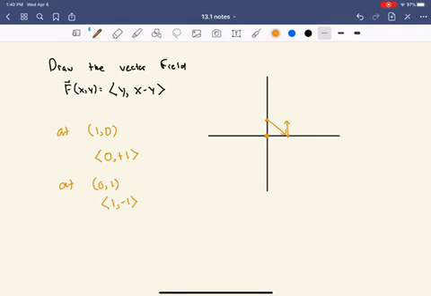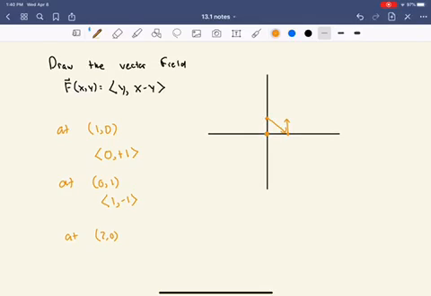Let's do (2, 0). At (2, 0), you're going to get 0 for y, 2. So that means that at (2, 0), you're going to get an arrow that's twice as long as the one at (1, 0).